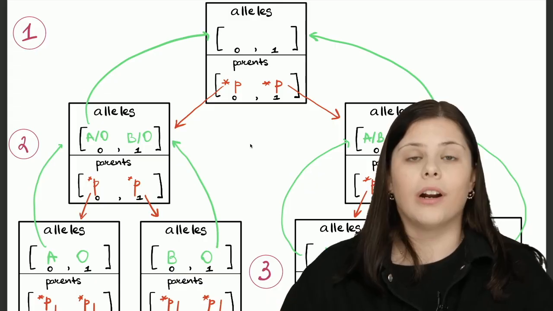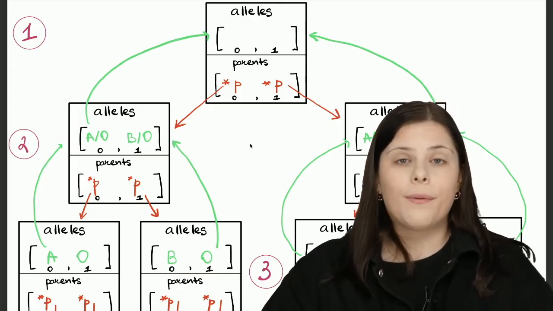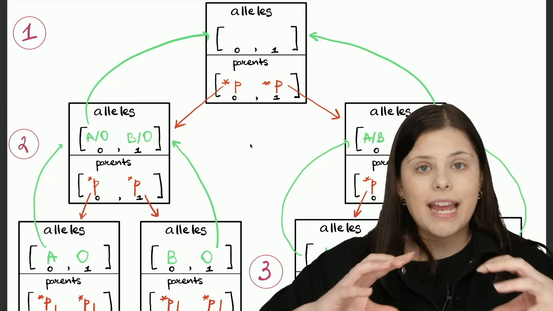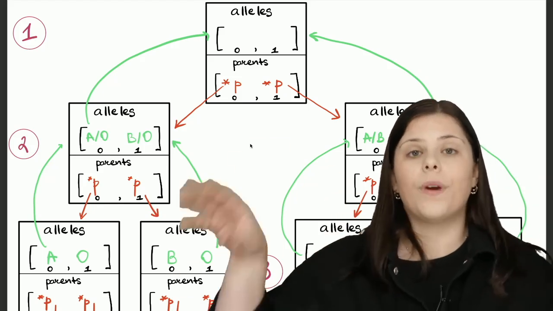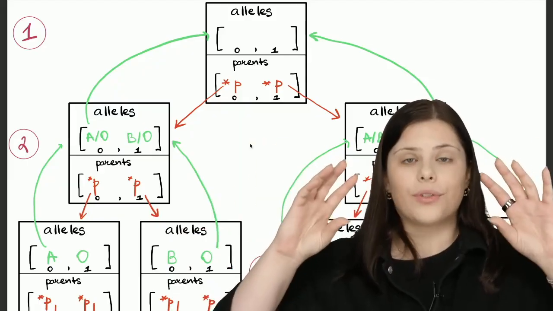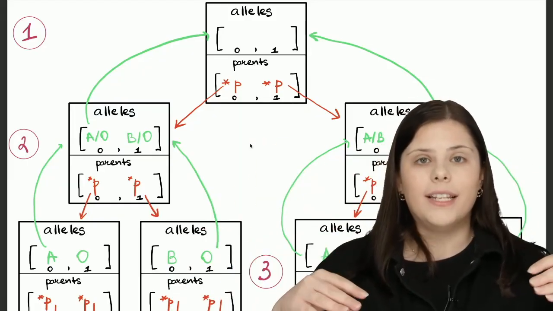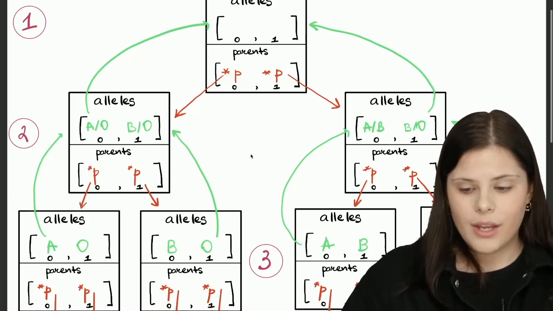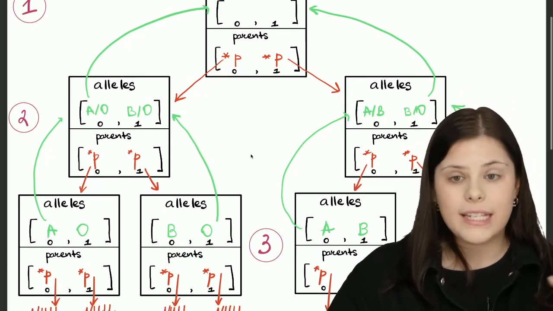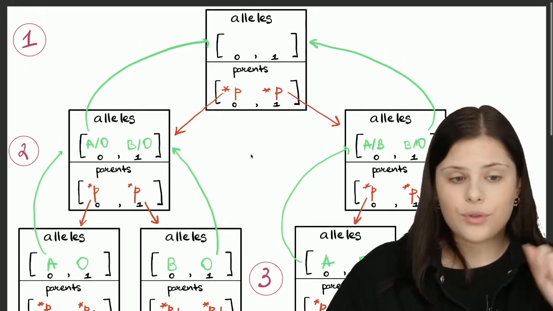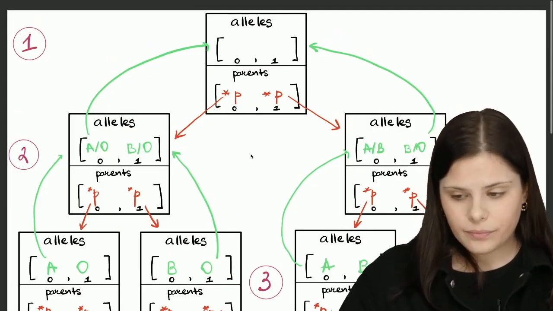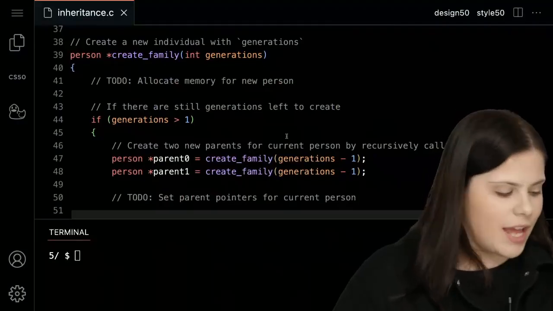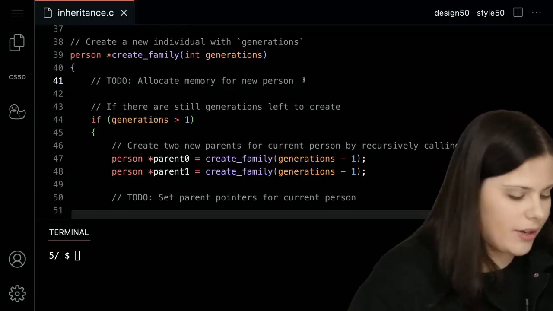We're setting our parent pointers to null, we're randomly picking the alleles, and only after our base case part is done, we're going to bring it back up, filling up our tree one layer at a time until we've filled out each of those slots. So I definitely encourage you to try to draw this out on your own and try to trace the steps exactly. But now we're going to go back to the CS50.dev and try to code it together.